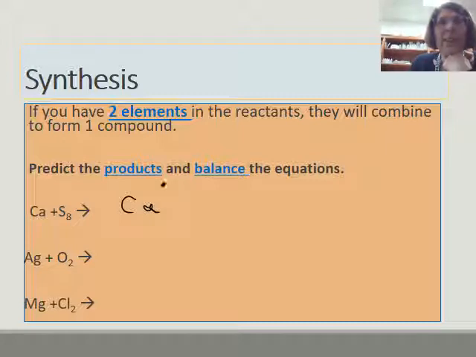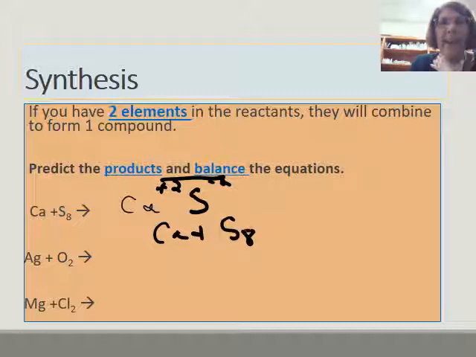We have Ca +2, so we're going to go back to our rules, and sulfur is -2, okay? So they're going to cancel, so you end up with CaS. Sulfur is S8, but now we can rewrite that as Ca plus S8 makes CaS.